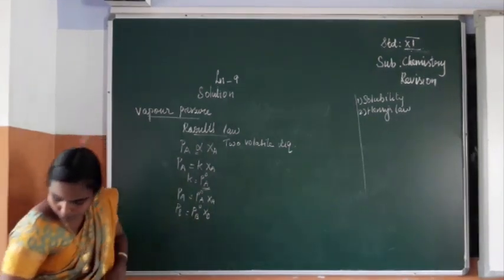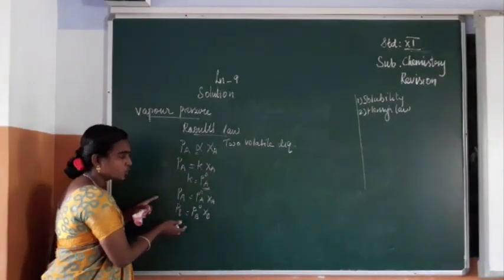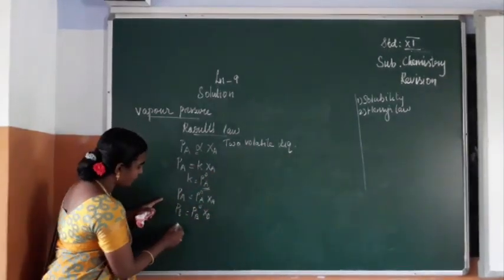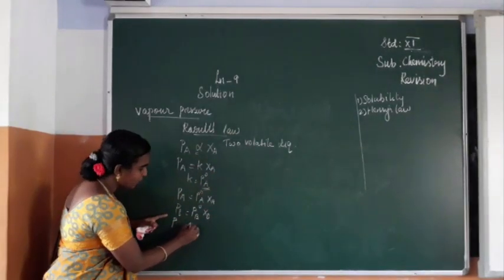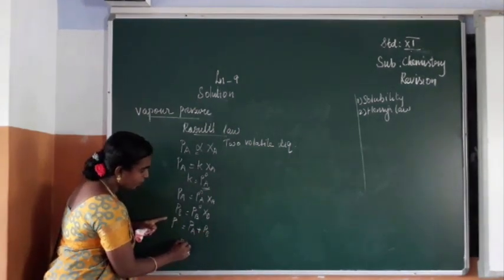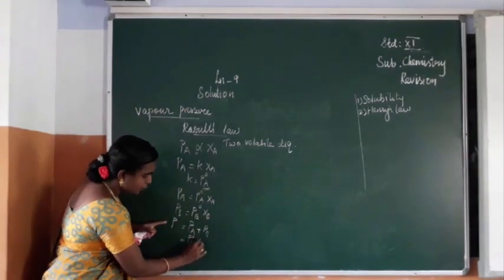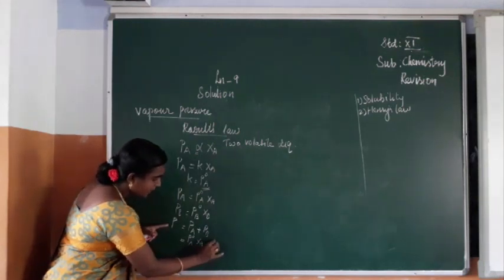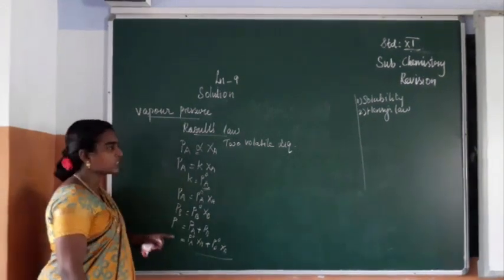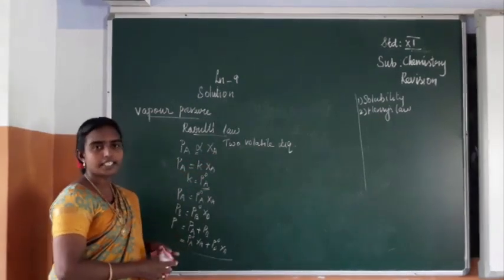So when we add these two, the total pressure of these two volatile liquids can be calculated: total pressure P is equal to Pa plus Pb, which is equal to P0A into Xa plus P0B into Xb. So from this we can find out the total pressure of these two volatile liquids.